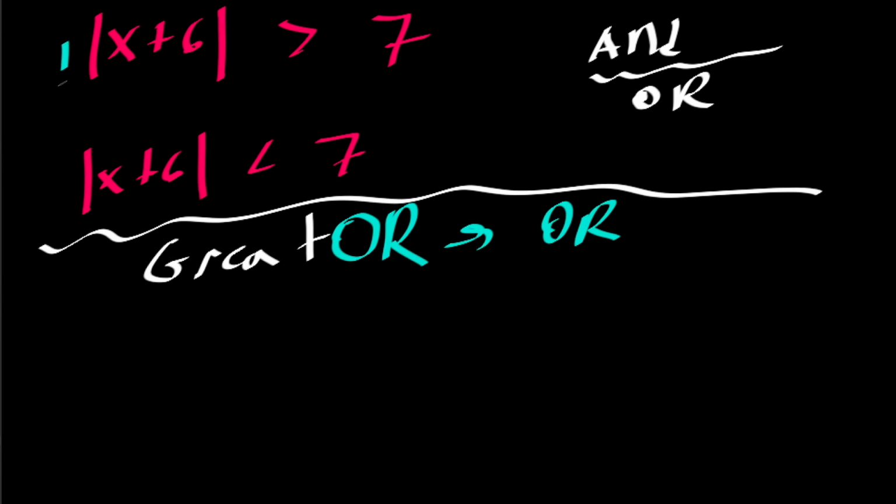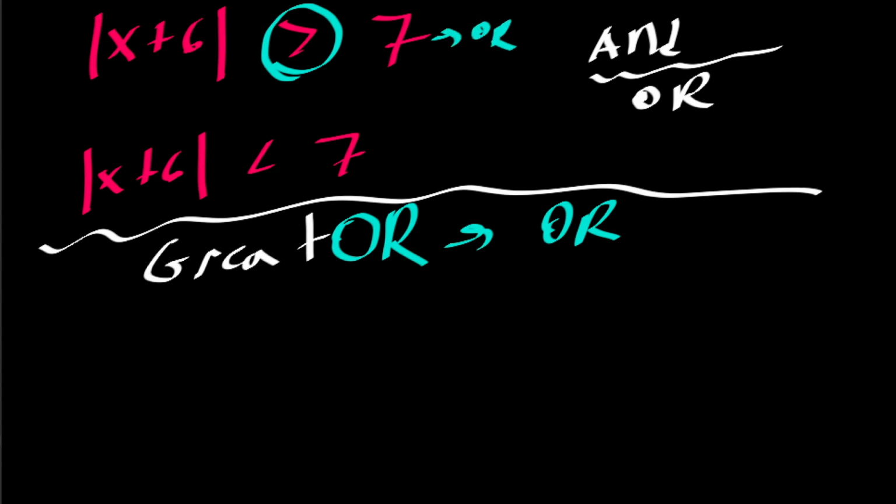In this top example, since this is a greater than symbol, I can tell you without doing any other work, there's more to it than that, but we'll talk about that in a second. In simple terms, greater means or, so I would set up an or inequality to solve this one.